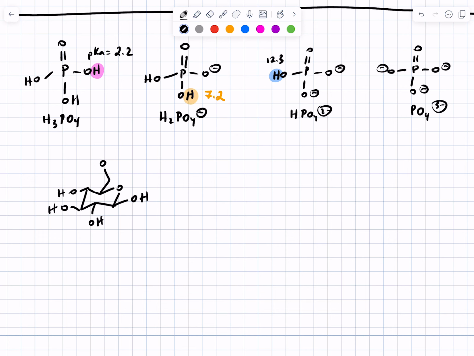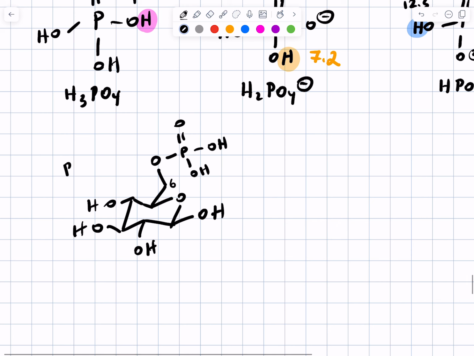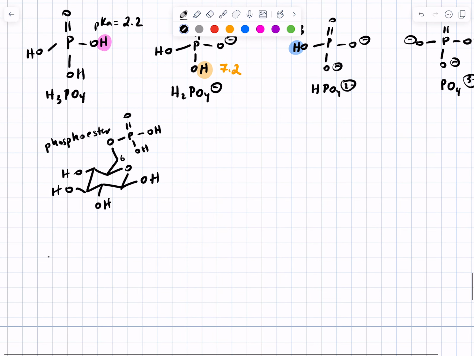Glucose 6-phosphate has carbon 6 bonded to oxygen instead of being an alcohol. It's involved in a functional group called a phosphoester. Phosphoric acid, carboxylic acid. Phosphoester, regular carbon-based ester.